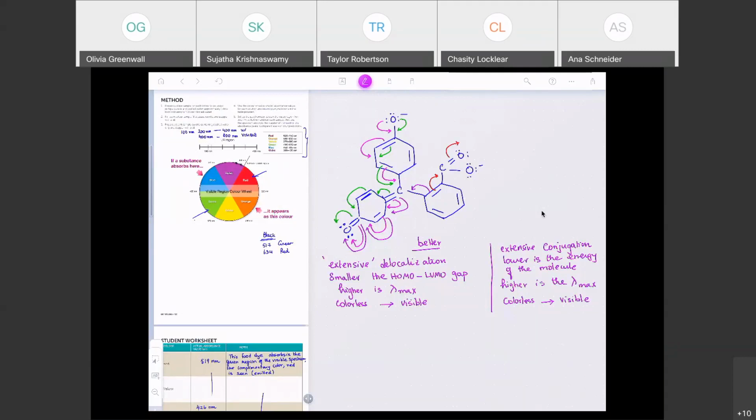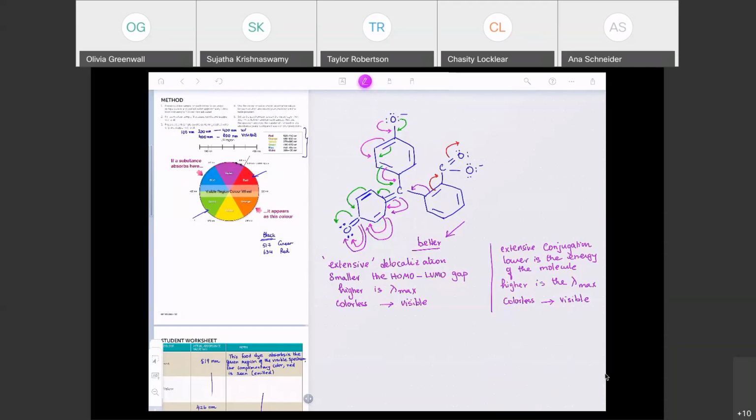But on the left side, you're saying that with more delocalization, the HOMO-LUMO gap decreases. So it doesn't require much energy to jump, which means the wavelength of the light that's absorbed is much higher. I'd say any day, the molecular orbital theory is always more respected. It's a better explanation. But if you absolutely hate it today, you want to go with the right side one. It'll take some time to like it.